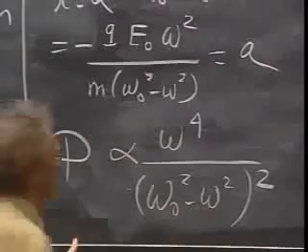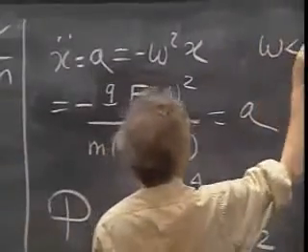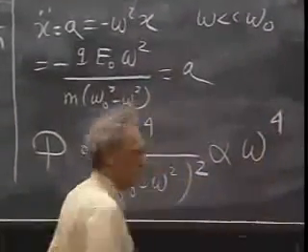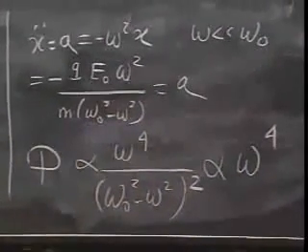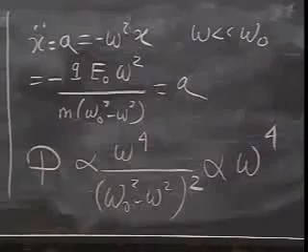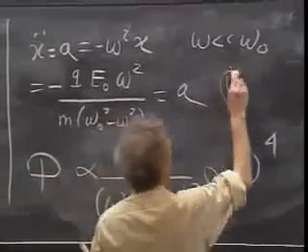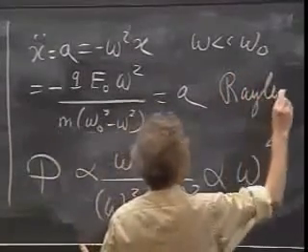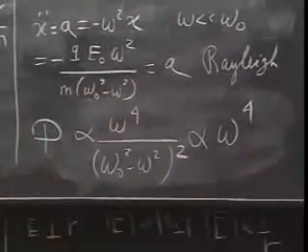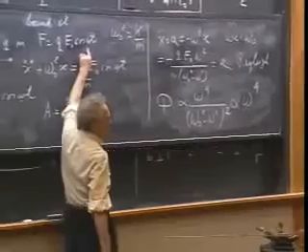And now, if omega is way below resonance, this is proportional to omega to the fourth. And that's a very famous result, which is known in the literature as Rayleigh scattering. And the reason we call it Rayleigh scattering is that you must understand that the radiation that comes in has this frequency.